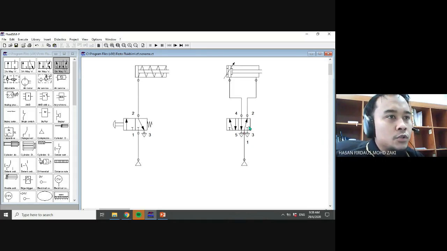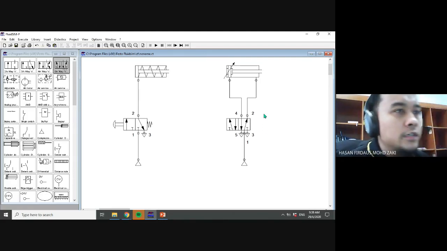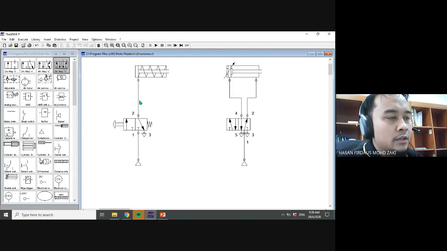As for your question, the answer is that the number of ports is different because it wants to control different types of cylinder. A single acting cylinder will be controlled by the valve that has only 1 port at the top.